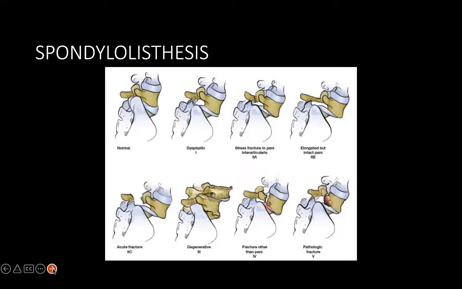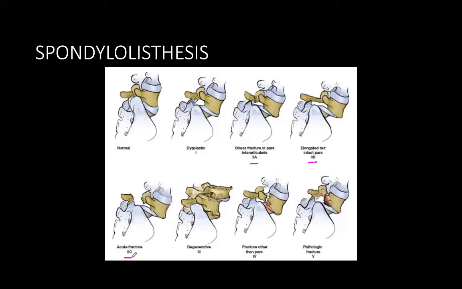So what you're noting here are the 5 different types or causes of spondylolisthesis. And we'll want to pay very special attention to the type 2 variety, in which there's type 2A, type 2B, and type 2C. These are described as the isthmic variety.